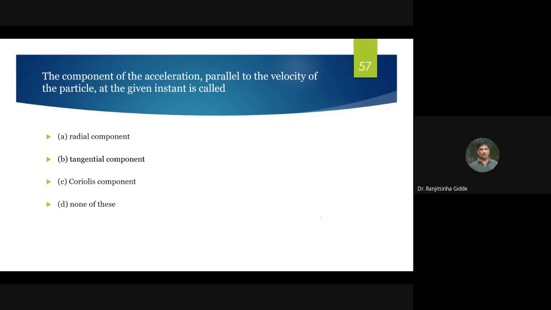Wrong. Tangential. Which answer? B. Who has told B, tangential? Shoaib, you have told, na? Yes, sir. Okay. Ajay, how did your answer go wrong?